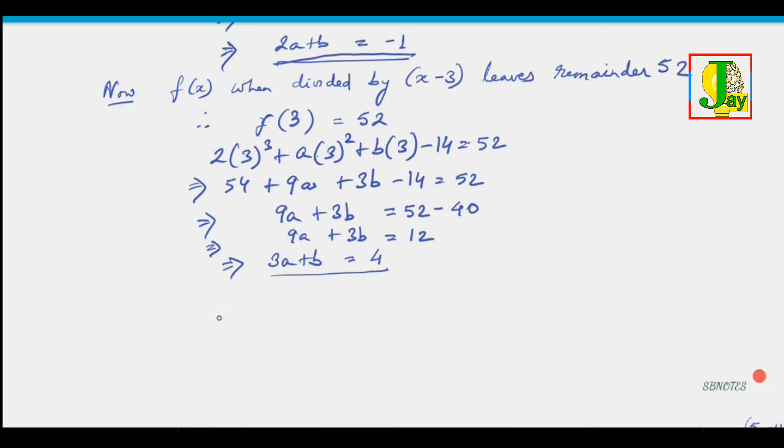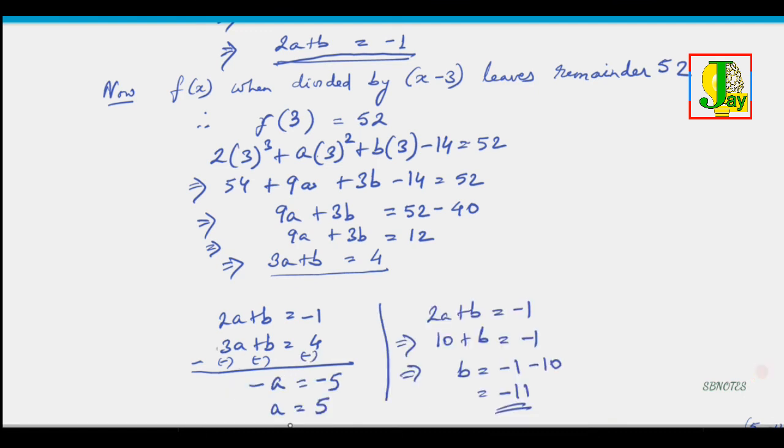Subtracting, we get minus a equals minus 5. So we have a equals 5, b equals minus 11.